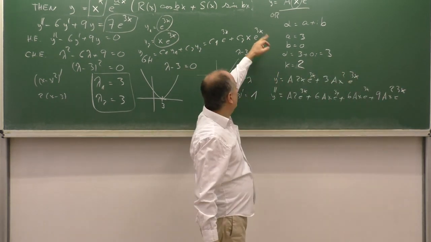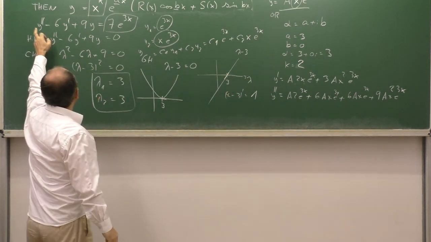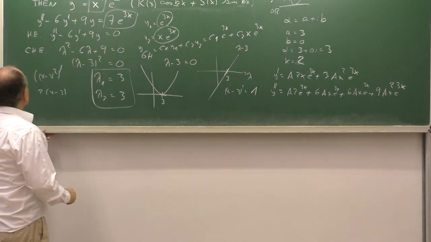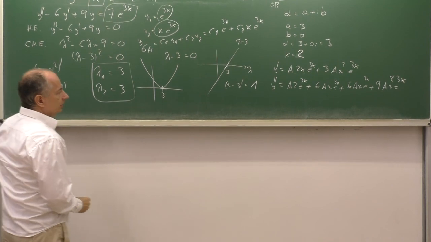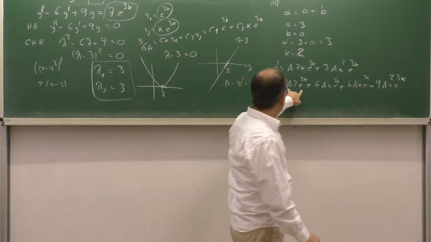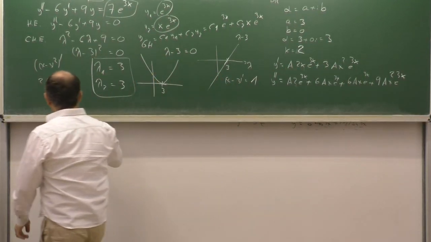So we take y and y' and y'', and we substitute it here, and we compare with what is on the right. So we start with y'', which is 2a e to 3x.